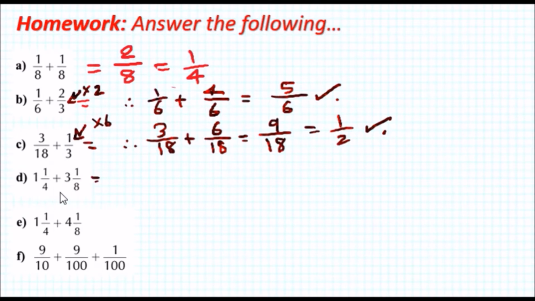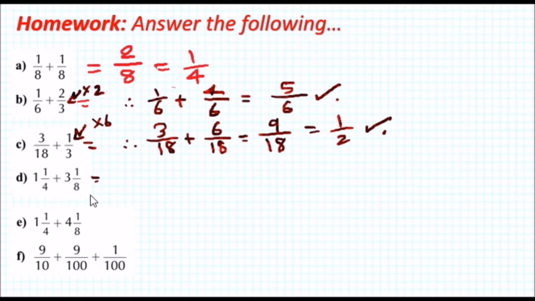Now, thankfully, when you're adding fractions with whole numbers, it's not a big deal because you don't need to worry about the whole numbers. You just deal with the fractions. So here, firstly, let's make the fractions the same. We've got 1/4 and 1/8. They need to have a common denominator. Unfortunately, this is 8, this is 4.